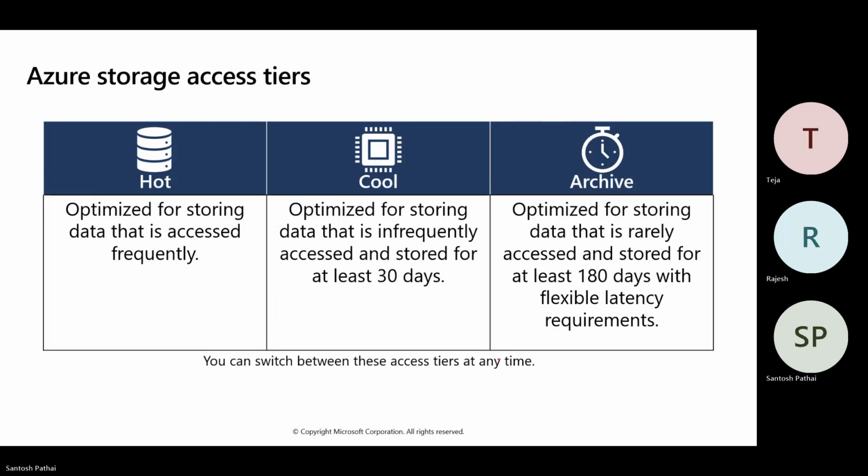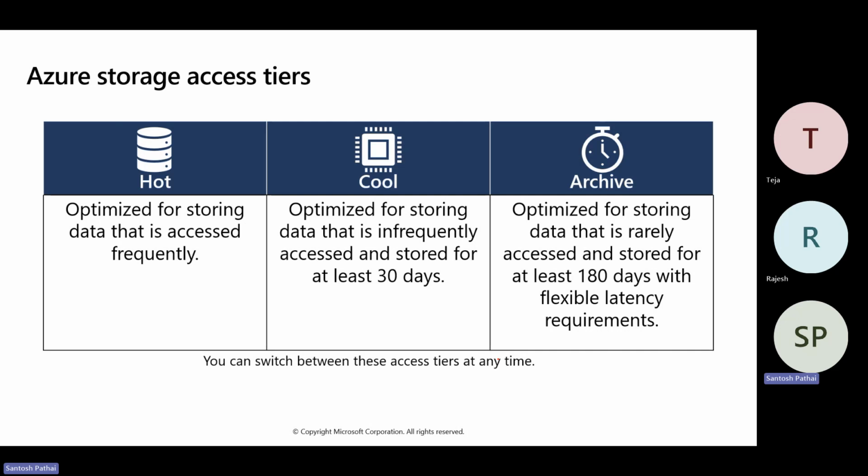Now we have storage access tiers. So what is the use of these access tiers? The first and foremost factor it affects is the cost. Hot tier is costlier than cool tier. Cool tier is costlier than archive tier.